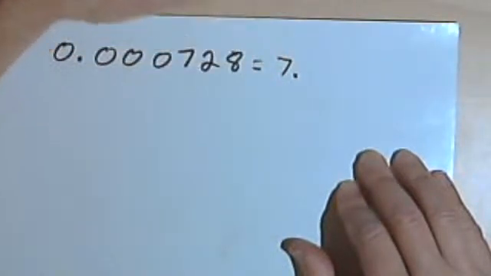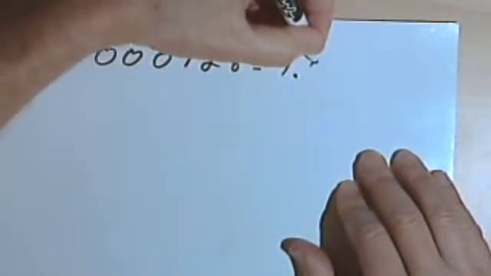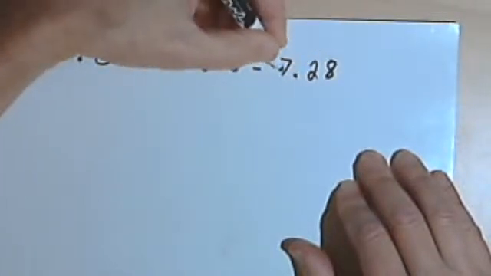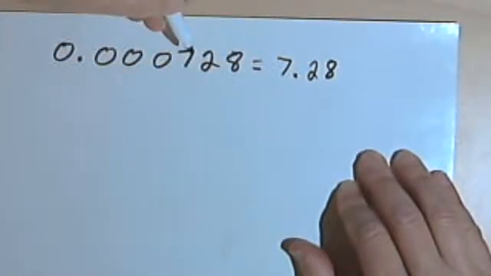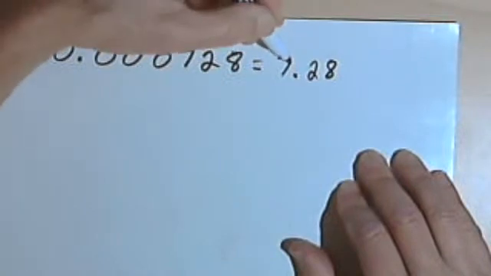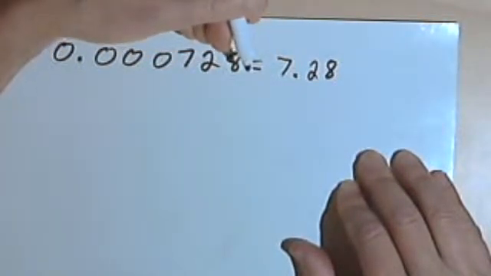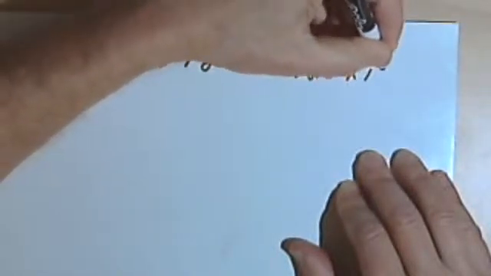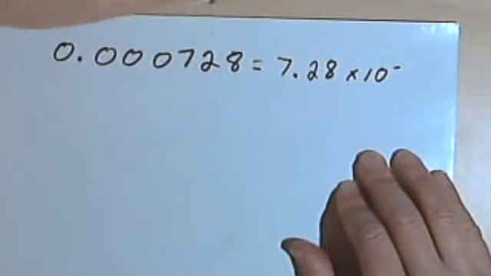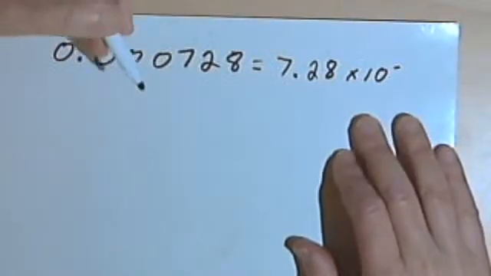After the 7, I'll put a decimal point in. Then I'll put my remaining digits. So I've got 7.28. And now I've taken that small number and made it quite a bit bigger. So I have to multiply it by a small number to make it small again. I'm going to use a negative power of 10. Negative powers of 10 are small numbers.